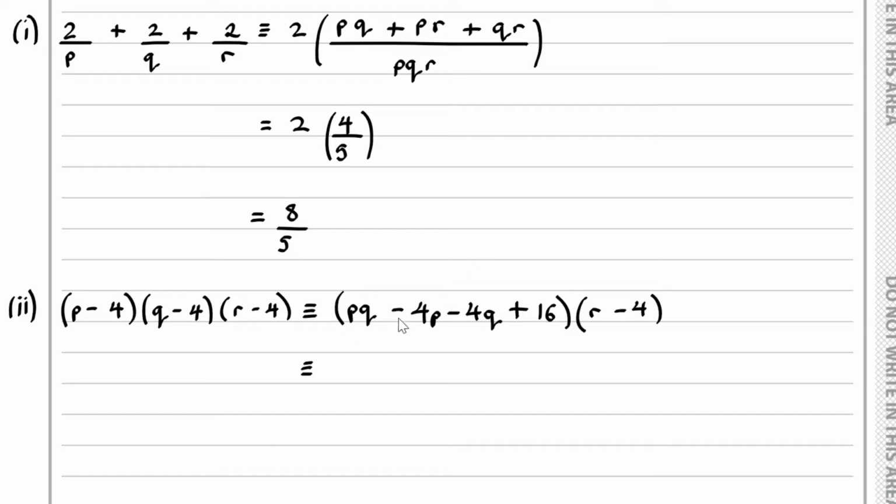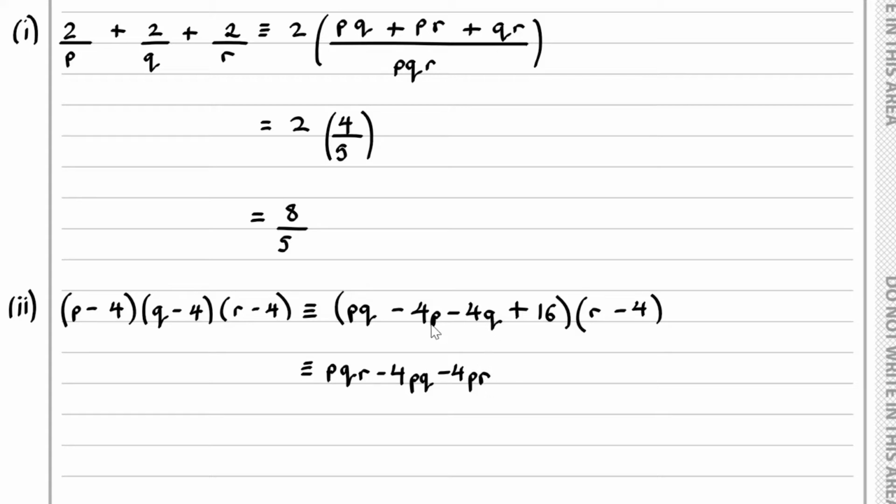If we multiply all these terms together, we have pq times by r, so that's pqr. pq times by minus 4 would be minus 4pq.